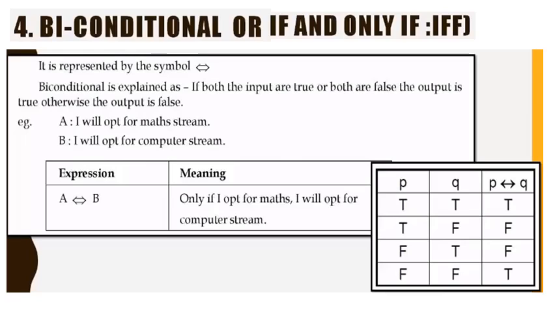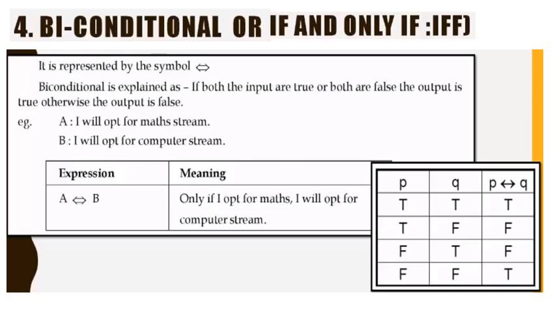For example, A represents opt for maths stream and B represents opt for biotechnology. Then A implies B means if I opt for math stream, then I will not opt for biotechnology.